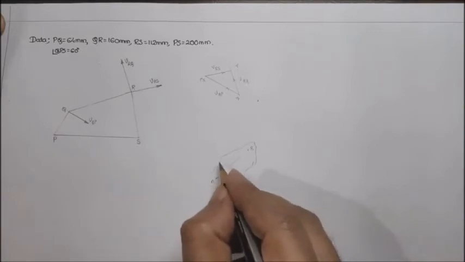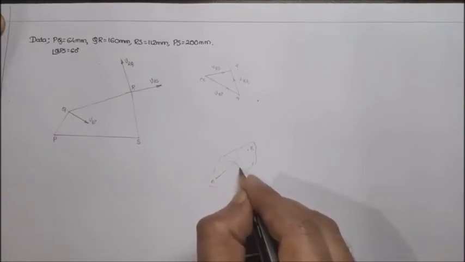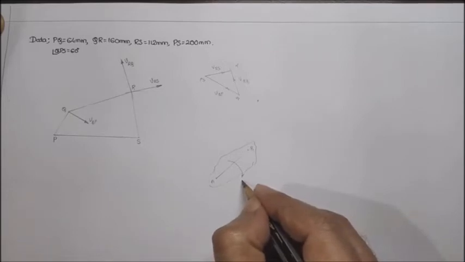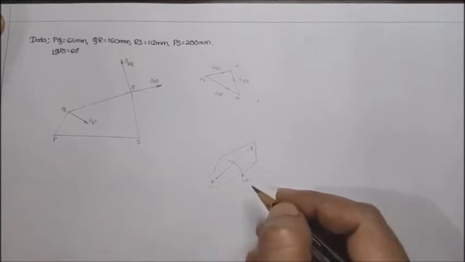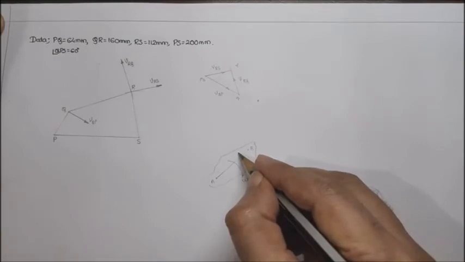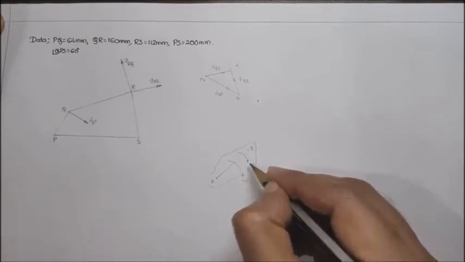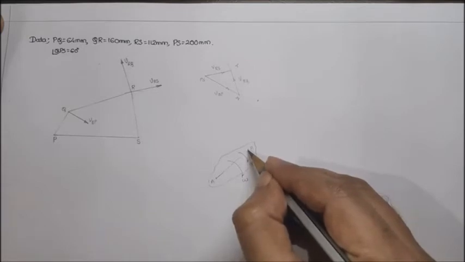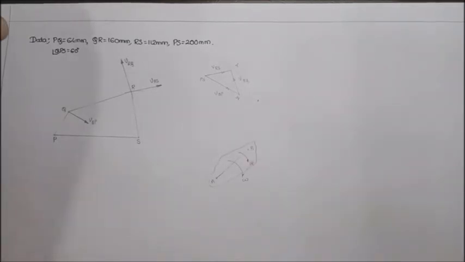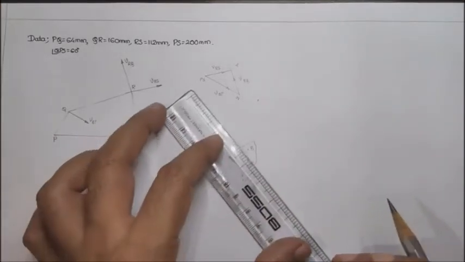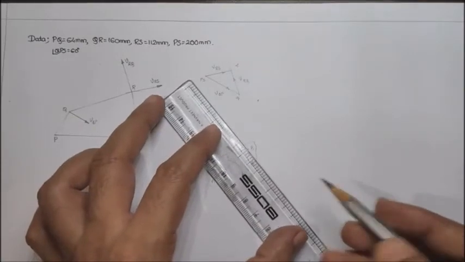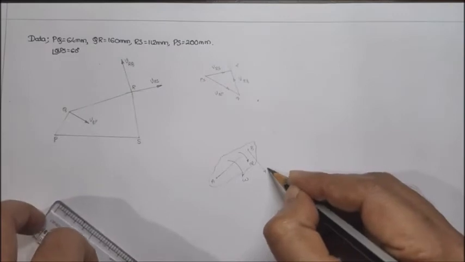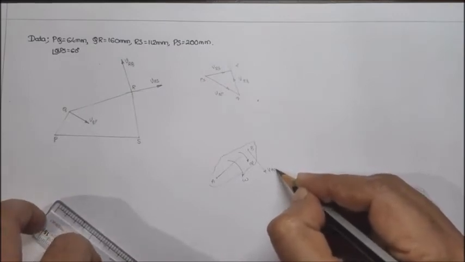If I am going to rotate this one with the angular velocity omega, then in the same direction we'll be having the angular acceleration alpha. So on this particular point B, we usually have the velocity, that is the velocity of B with respect to A.